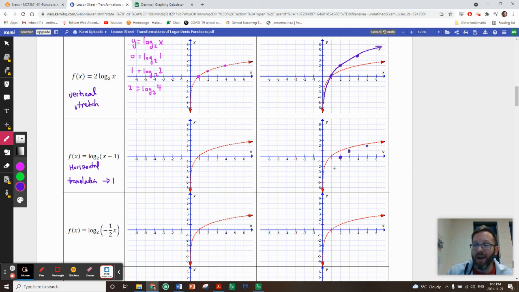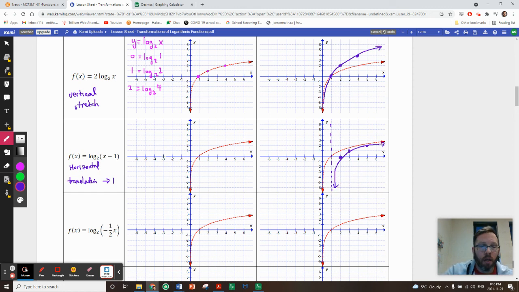Moreover, another property of the graph shifts along with it: the vertical asymptote is going to shift to x equals 1. Please add that detail to your graph, and so we get something like this.